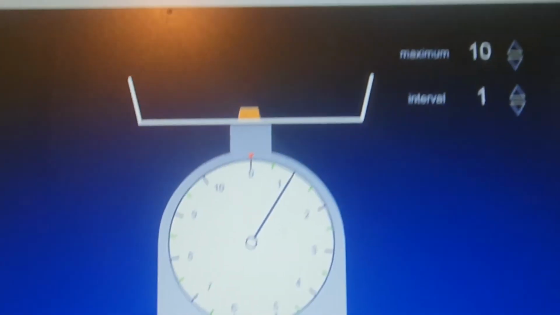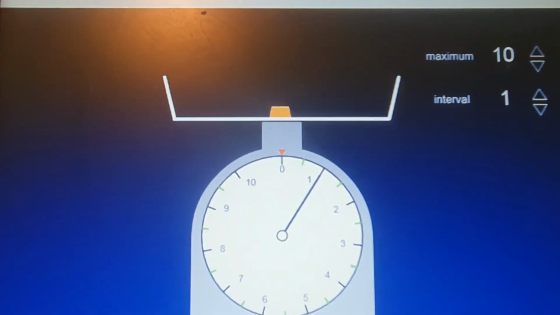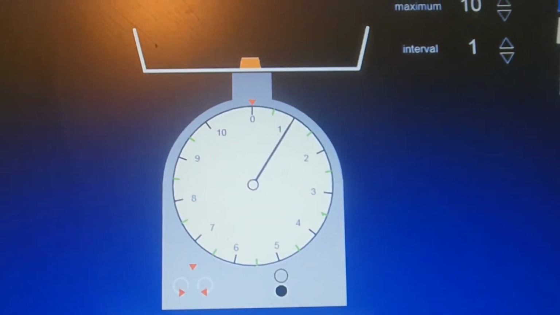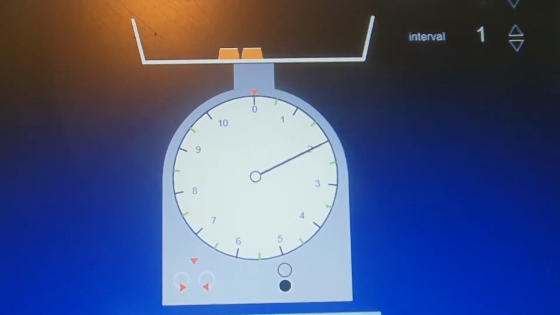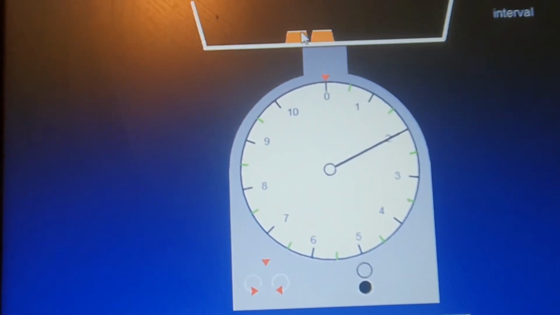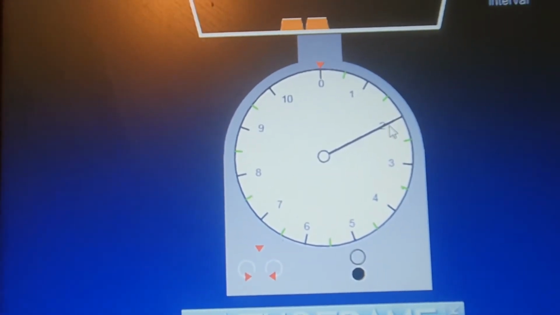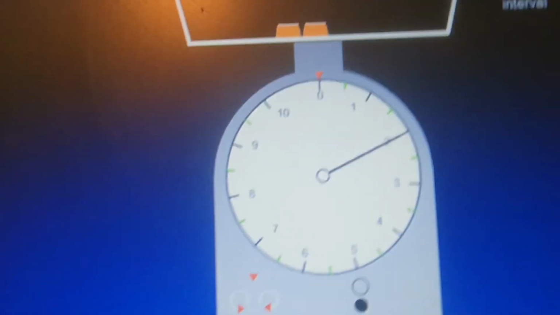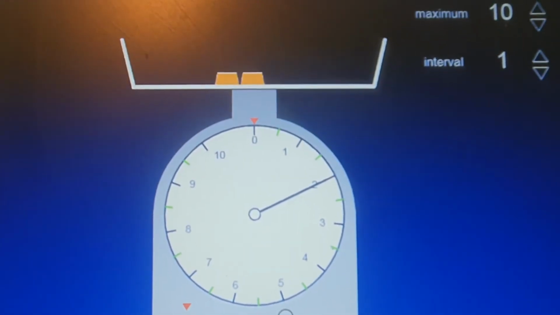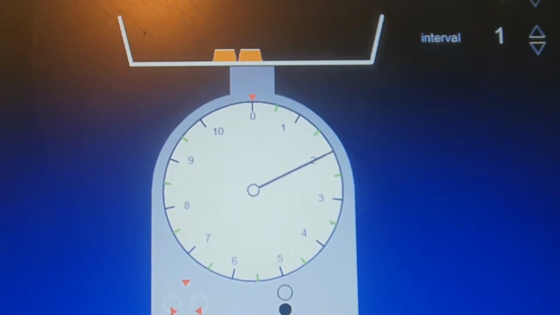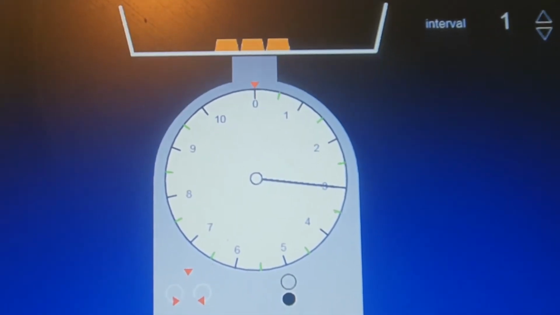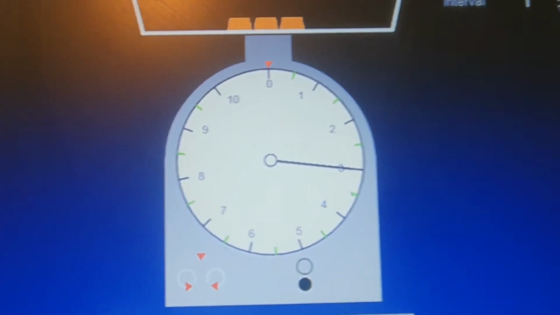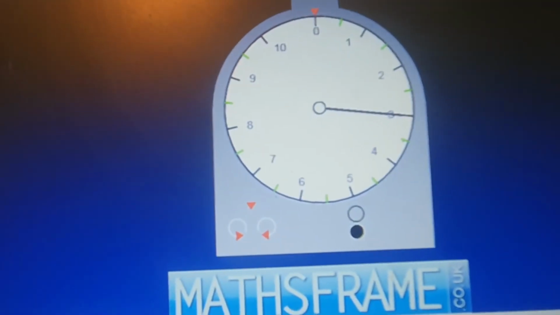So I'm going to click on one of these weights. I'm going to click on 1. And you can see what's happened now. It's heavier. So now it is 2 kilograms. If I clicked on another one, how much would that weigh? That's right, 3 kilograms. What about if I clicked on 2 kilograms?